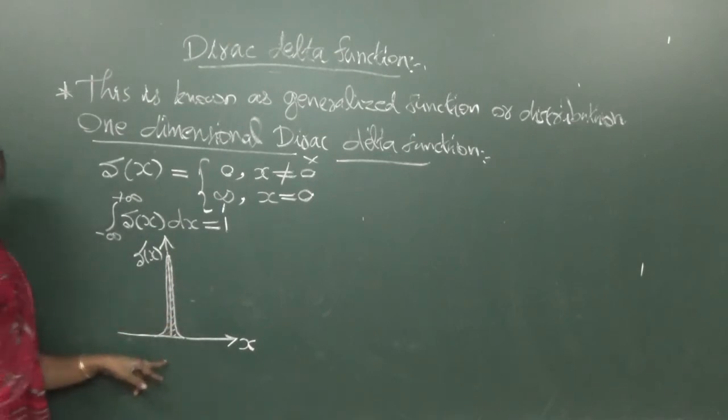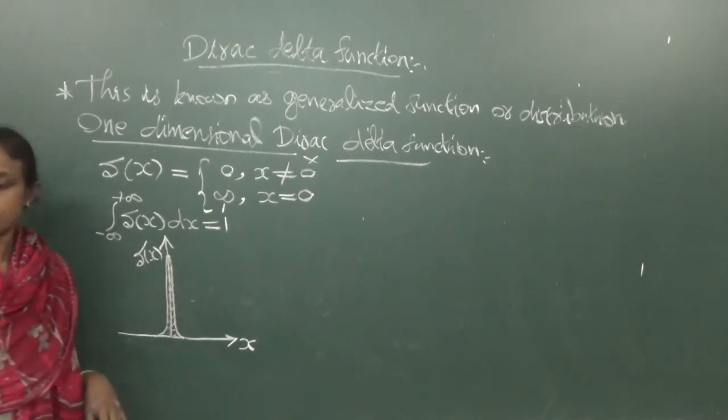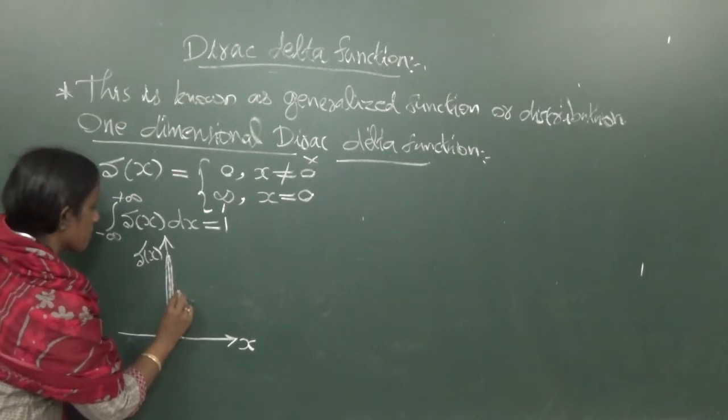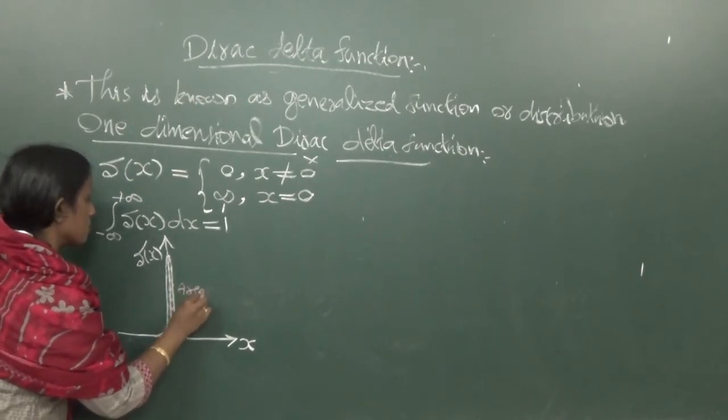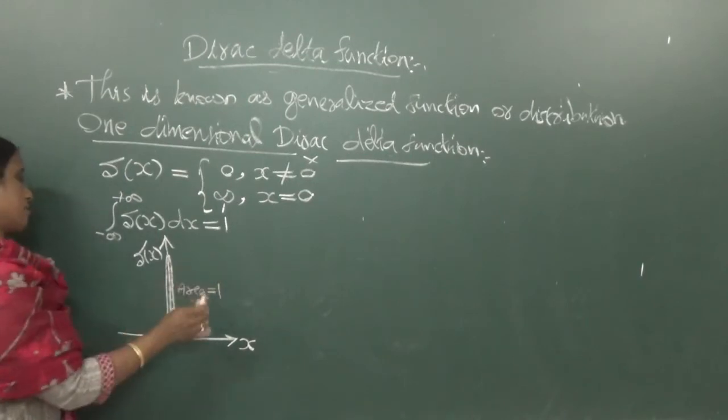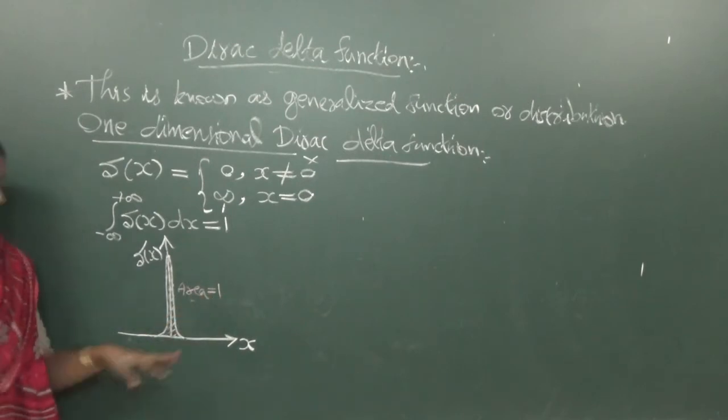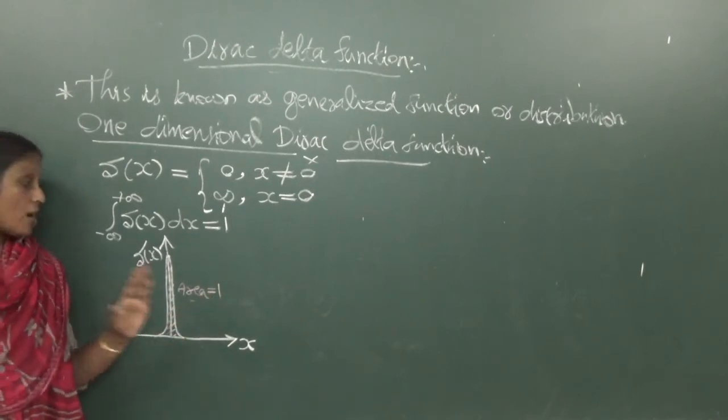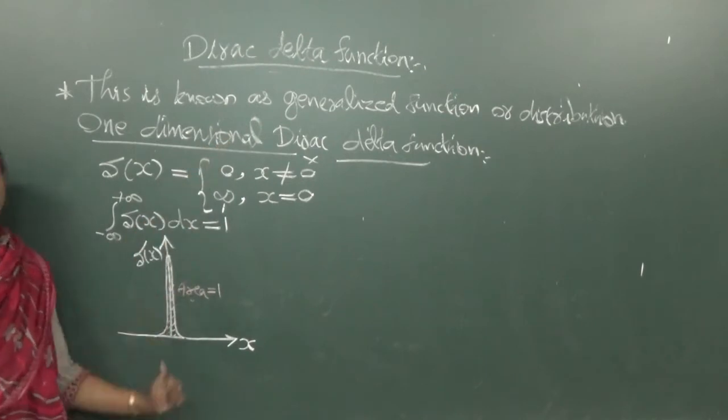This area under this curve is unity. Area is 1. This function is called the one-dimensional Dirac delta function.